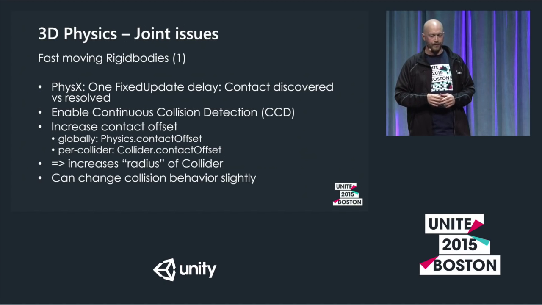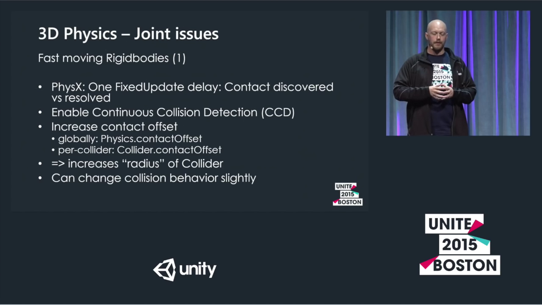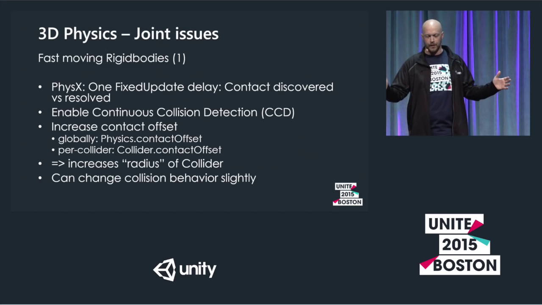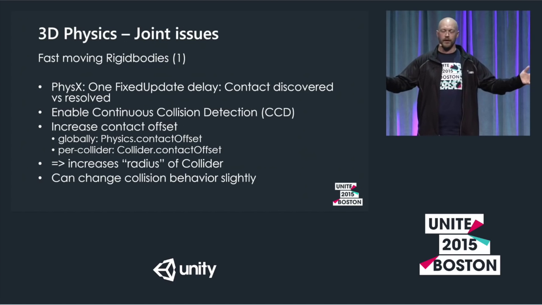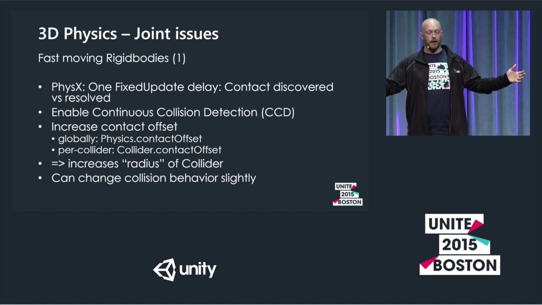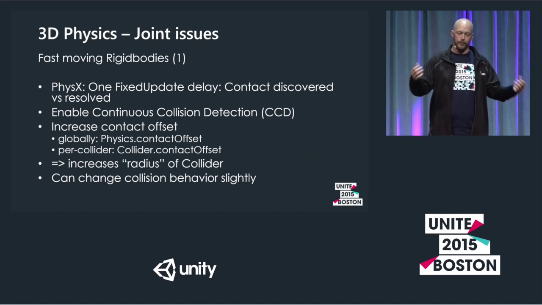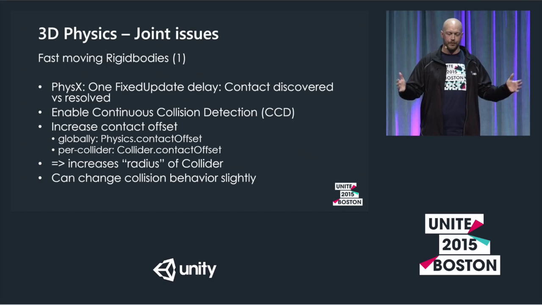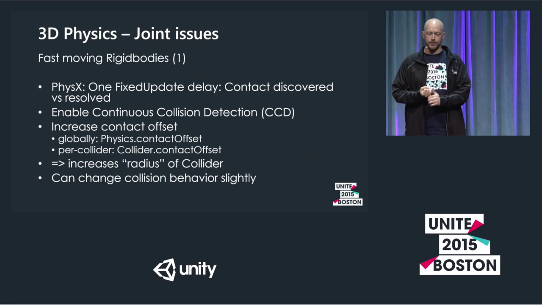So it's effectively a radius on every collider that tells the physics system how far ahead we should start doing the collision detection, and of course the further away you can find contacts, the earlier you can detect them. So if you have objects that are moving fast, you can increase this value and it will discover the contacts earlier, so you can have them resolved on the next fixed update.